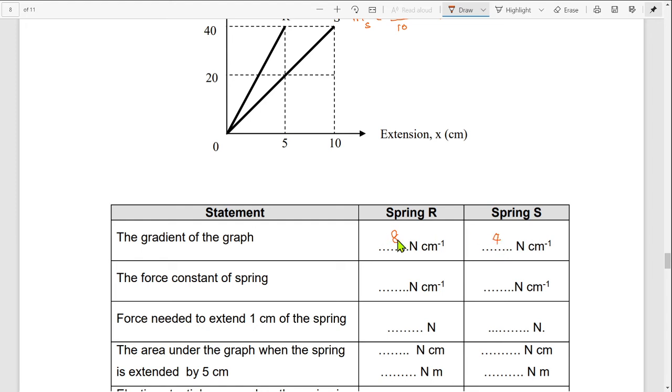Alright, so the gradient of the graph is 8, therefore the force constant of the spring is also 8. So here is 4. Okay, why? Because the gradient of the graph will give us the value of our force constant. Okay, so force constant, that will be our K, correct? K equal to gradient of the graph.